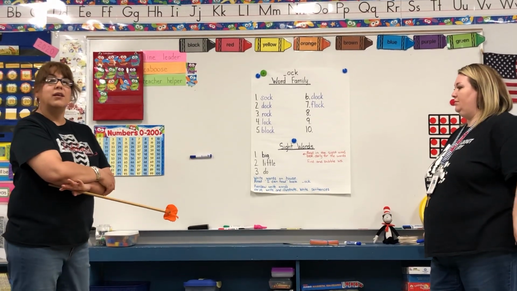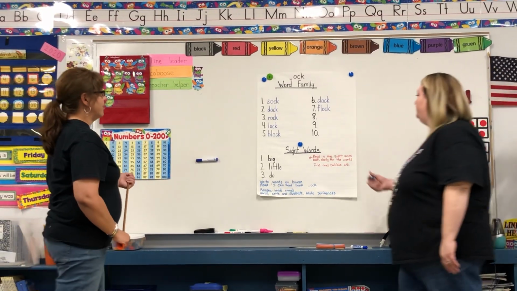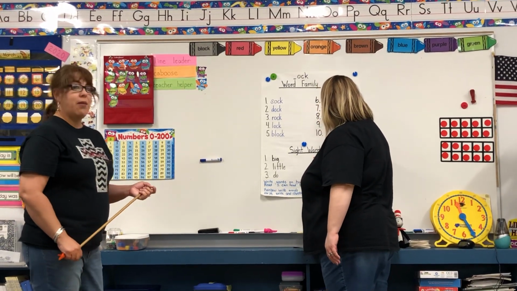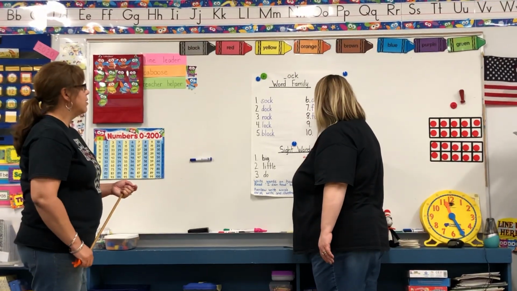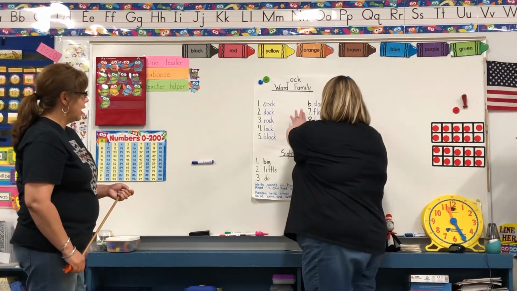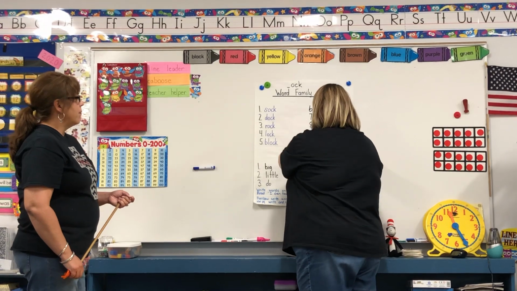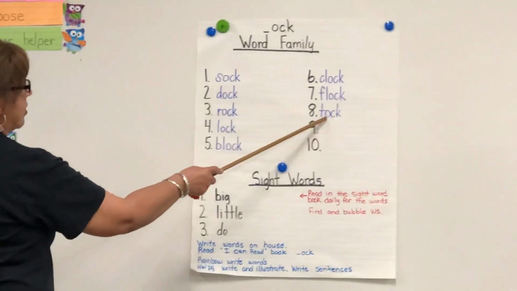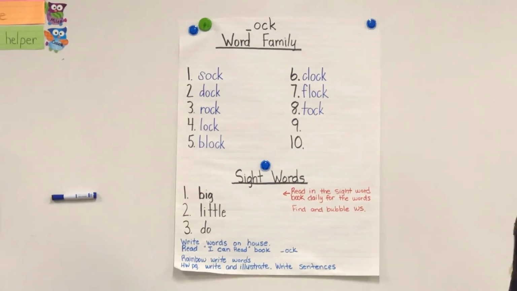What letter is that? T. Good. Then our family, ock, O. Then what? C and K. So this word has 4 letters, okay? 4 letters.